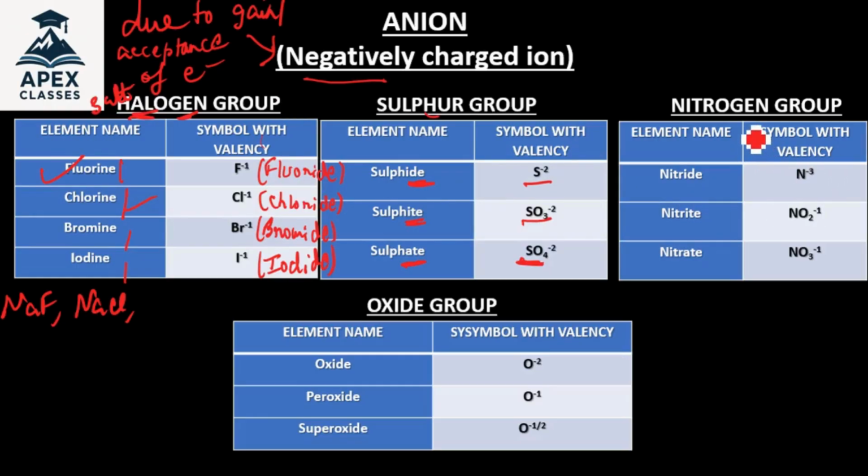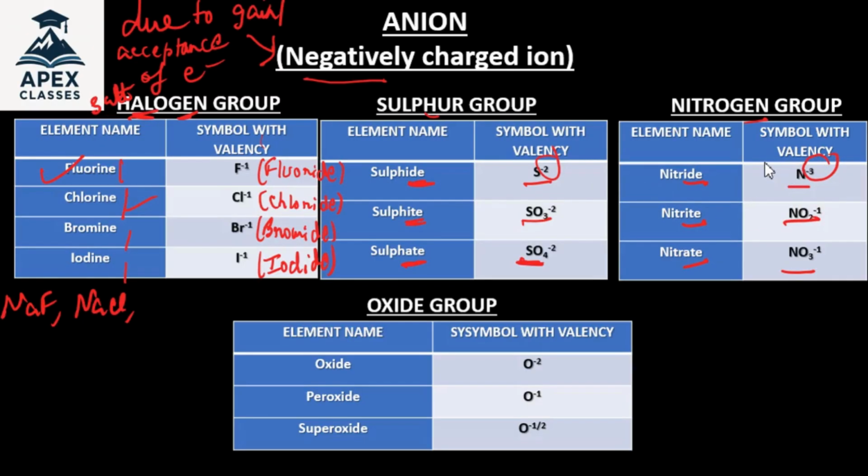Now comes the nitrogen group. Just like sulfur, it has nitride, nitrite, and nitrate. Nitride is N³⁻, nitrite is NO2⁻, and nitrate is NO3⁻. The common mistake students make: sulfide is -2 but nitride is -3.